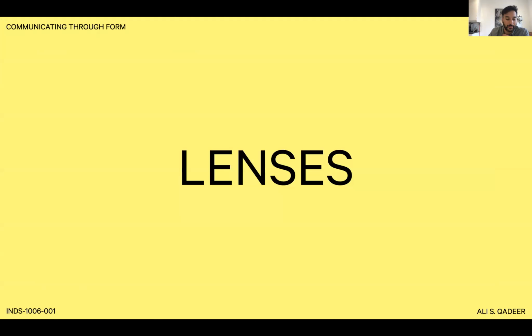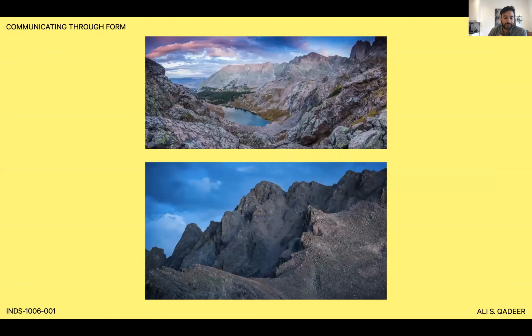Let's talk for a minute about lenses. Two common ends of the lens spectrum outside of the norm are referred to as wide angle and telephoto lenses. They're primarily distinguished by their relative depth of field and how they render distance.